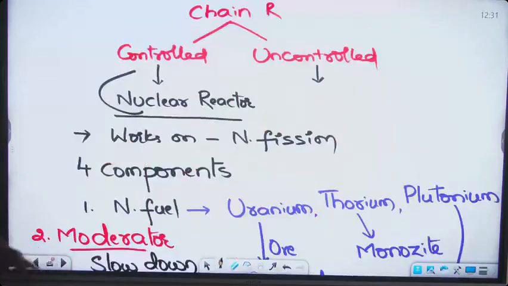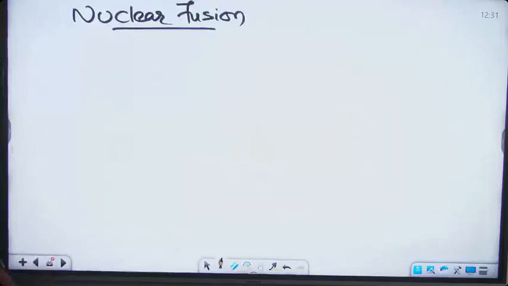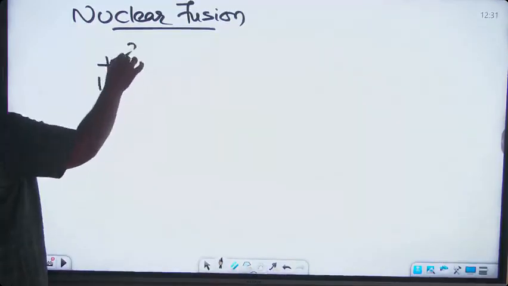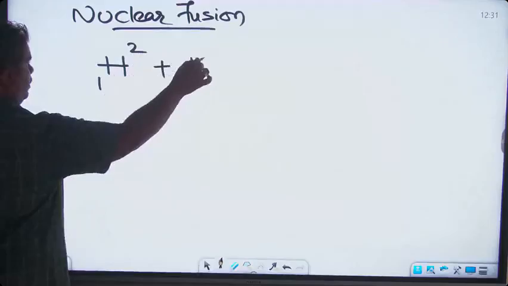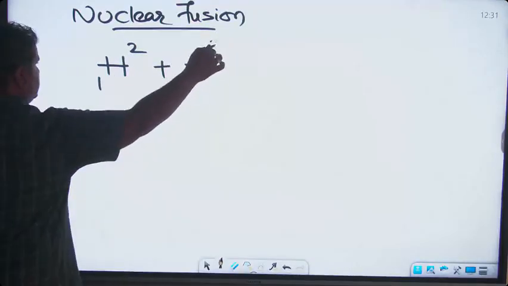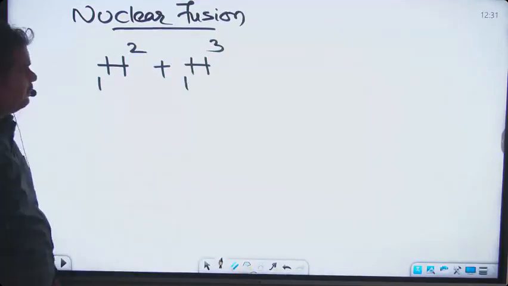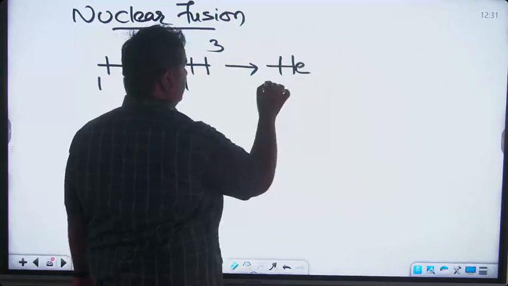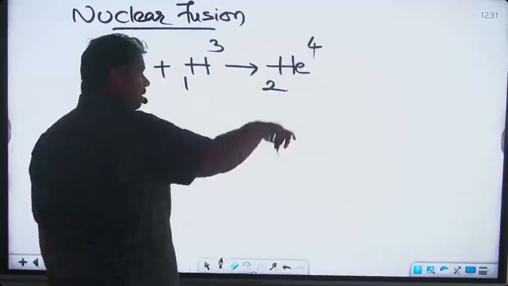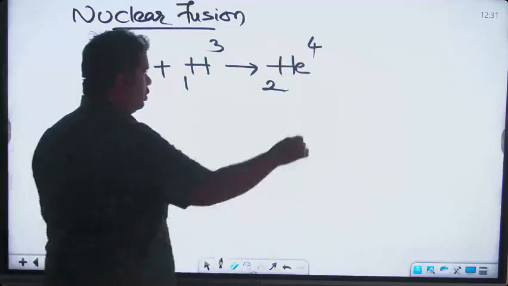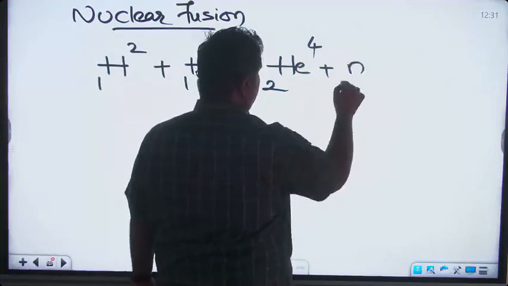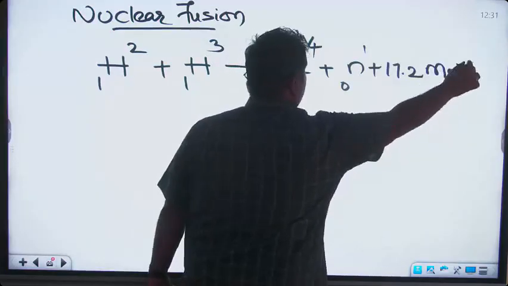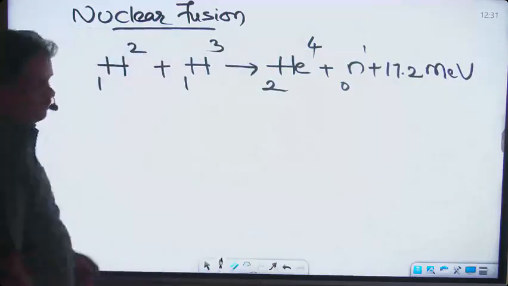But in the fusion process, two lighter particles, for example 1H2 and another lighter particle, 1H3, combine together to form a single nucleus, helium-4, along with one neutron and 17.2 million electron volts of energy.